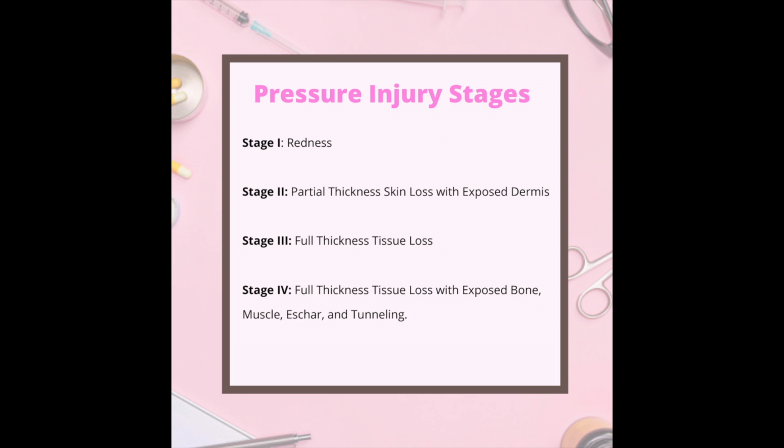Last stage of pressure injuries, this is going to be considered full thickness skin and tissue loss. This is when you're going to see exposed bone, tendon, ligament underneath. There's going to be eschar, there's going to be tunneling, undermining. As you get to higher stages with pressure injuries, you also have an increased risk of infection.